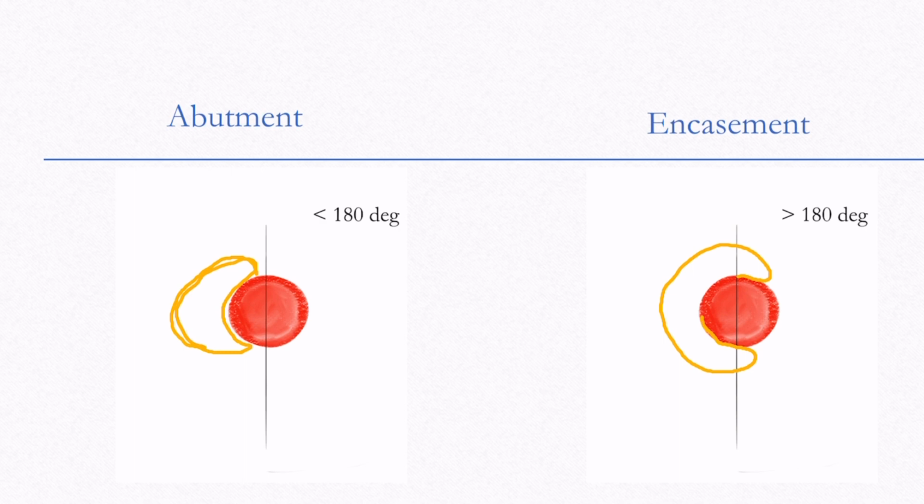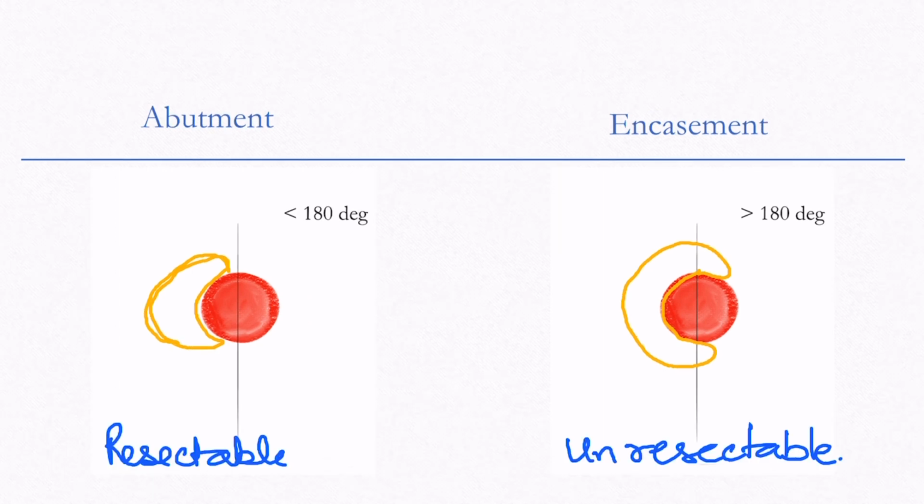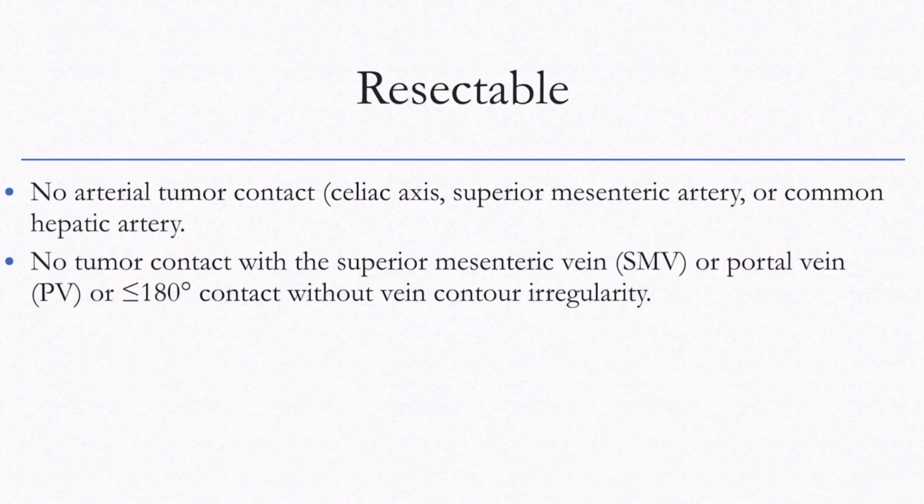Extensive vessel wall involvement is declared unresectable as it is observed that even with neoadjuvant treatment, these cases never become resectable.